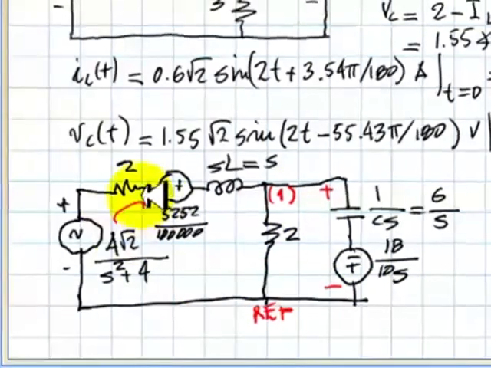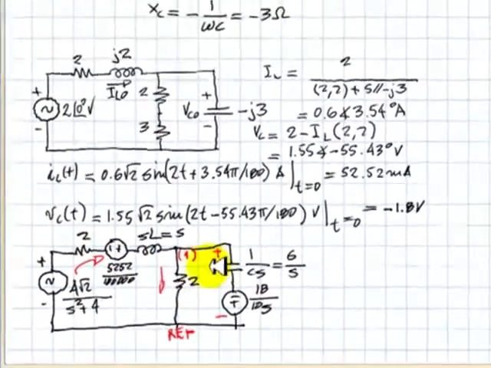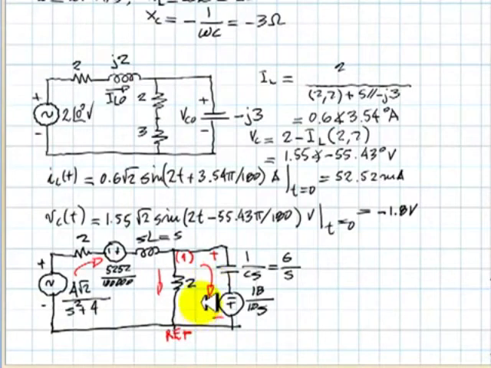Well, let's solve it. Branch currents with the direction of your choice, and we write a KCL equation. KCL1 is the value of this source.